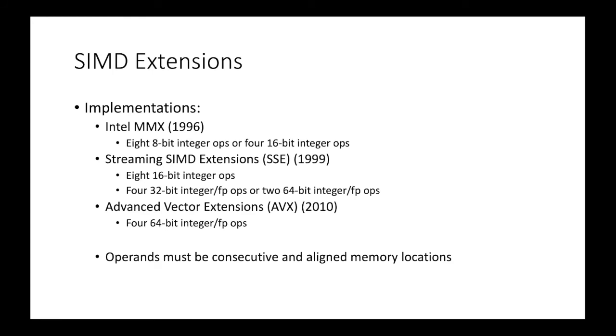Popular implementations: earlier we had MMX, which evolved into SSE, and lately we have AVX. Intel and AMD x86 processors have these SIMD extension engines alongside the main processor, but operands must be in consecutive and aligned memory locations.